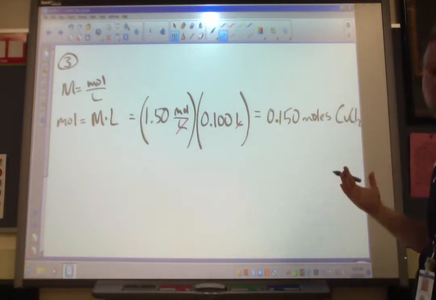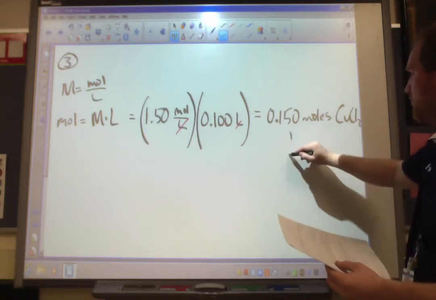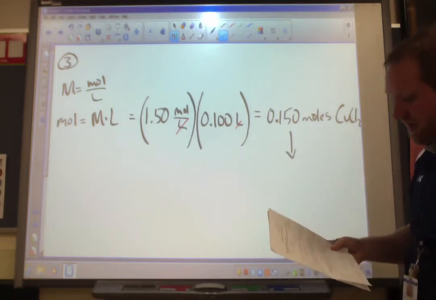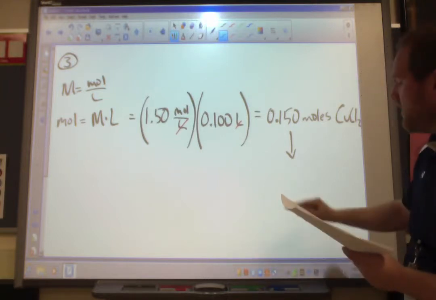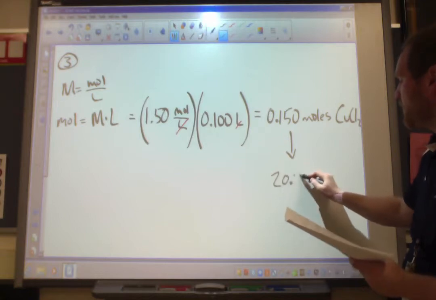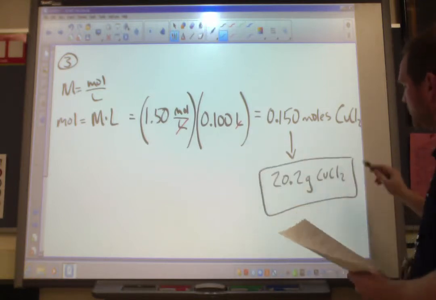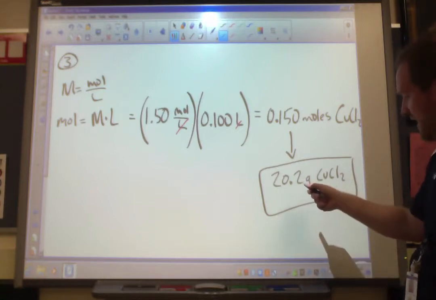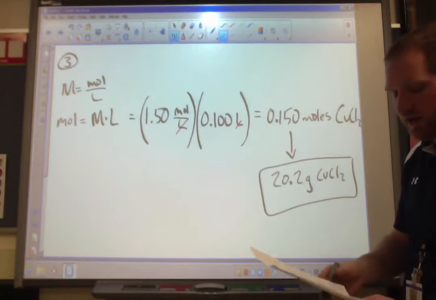So that's how many moles you need. But we need to know how many grams that is. So this is just a simple gram calculation. So the molar mass of copper 2 chloride, you look it up, it's 134.45 grams. So in total, 20.2 grams of CuCl2. Or in other words, you take this mass of copper 2 chloride, dissolve it in 100 milliliters of water, and that'll give you your solution.